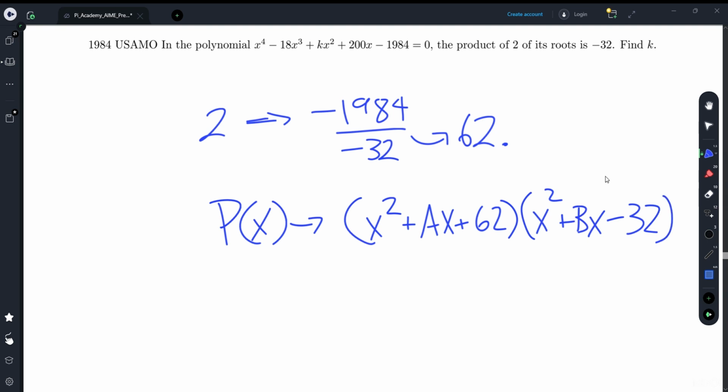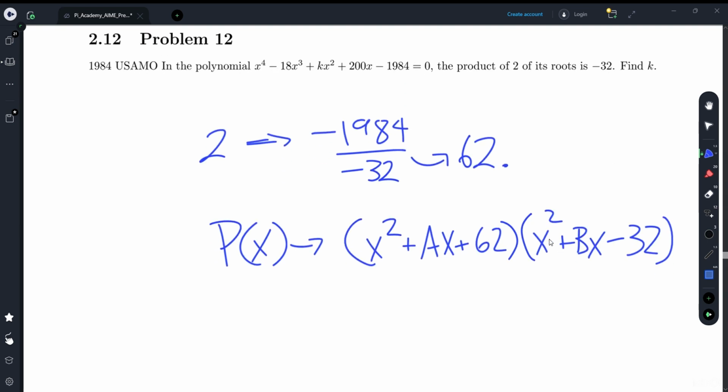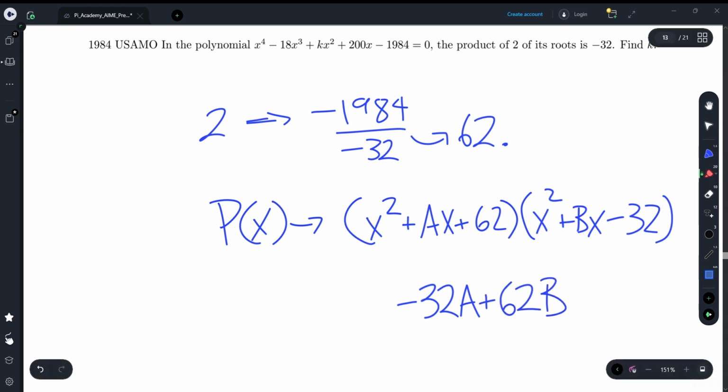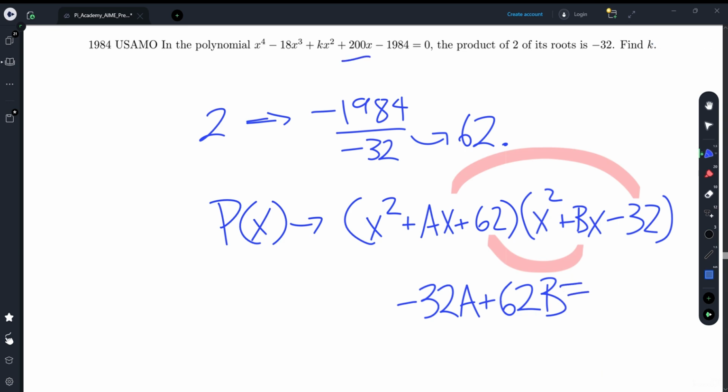So we have these two equations. And now we see that negative 32a plus 62b is the x term. The x term is 200.